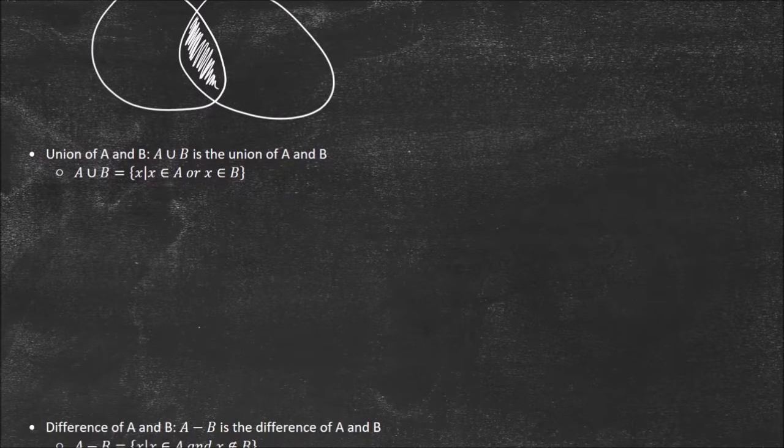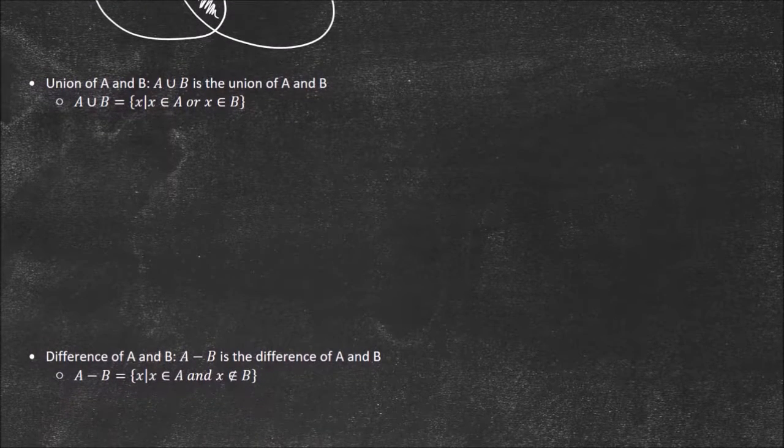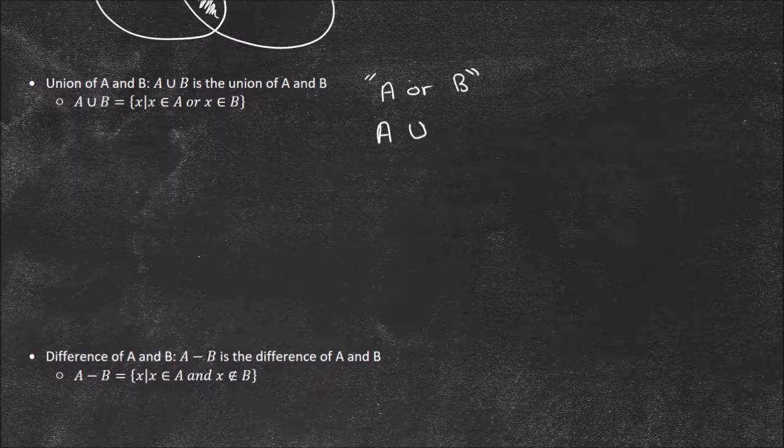All right, so now the union. A union B, we read as A or B. If you see that symbol, read it out loud as A or B. That's this symbol right here, kind of like the U basically. Now this one is exactly what you'd expect.